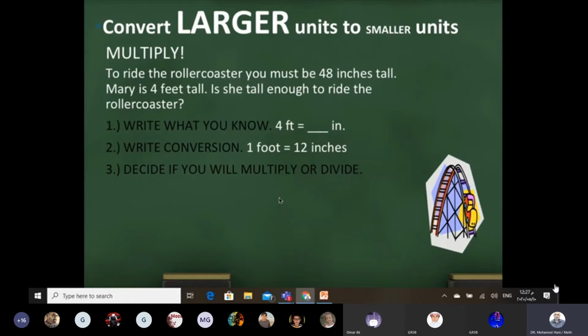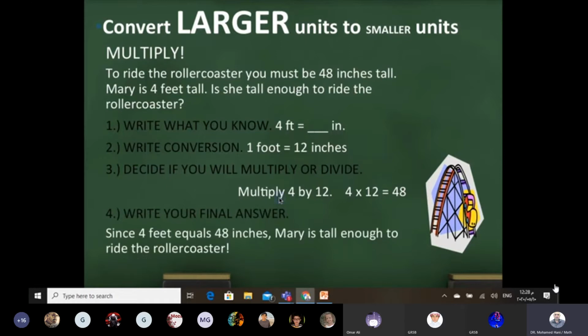Since we're going from something large to something small, feet to inches, we multiply. Horse to fly, we multiply. We will multiply 4 by 12, and we get 48. Step 4. We write our final answer. Since 4 feet equals 48 inches, Mary is tall enough to ride the roller coaster.